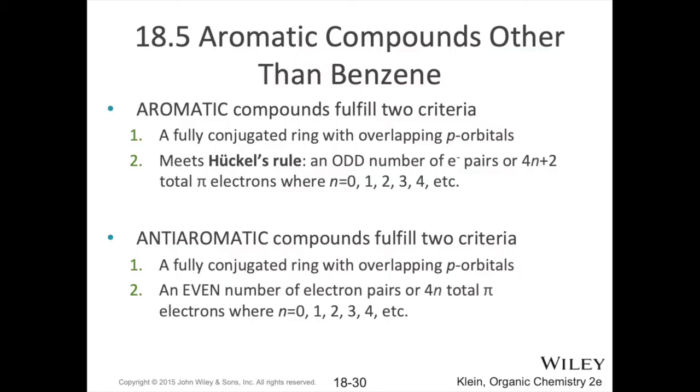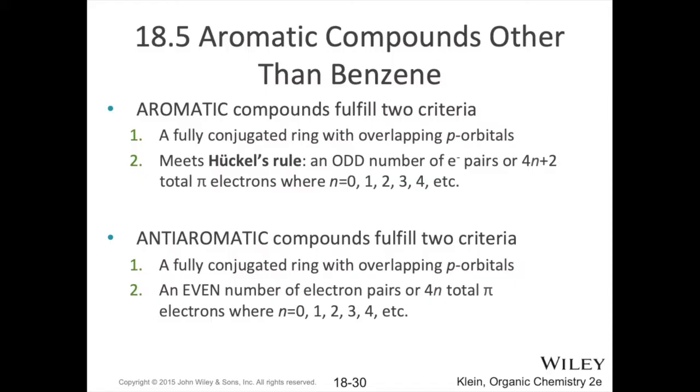Anti-aromatic compounds still meet that first criterion. It's just that you have an even number of electron pairs, or 4n pi electrons, when you total up those electrons, and that's why they're anti-aromatic. Now, of course, if you're not meeting that first requirement, now you have a non-aromatic ring.